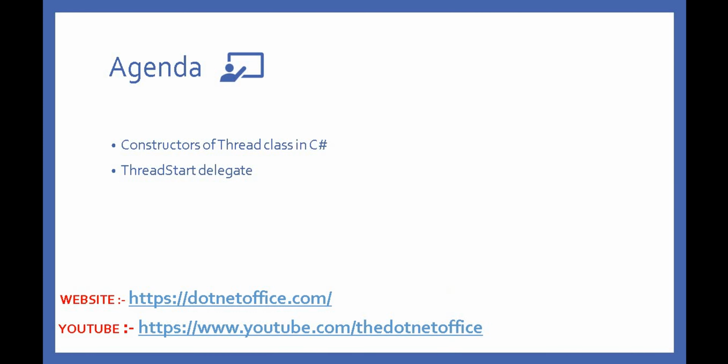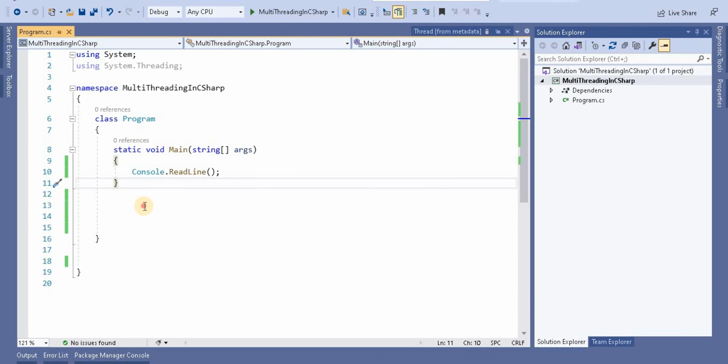So let's go to Visual Studio, and first I'm going to create a function. Since we are going to call that function in the static method, this method should be static and the return type is void, and I'm going to name this method ShowNumbers.